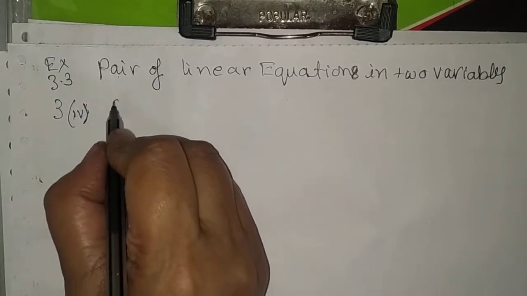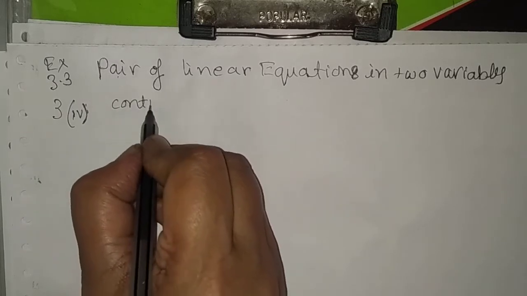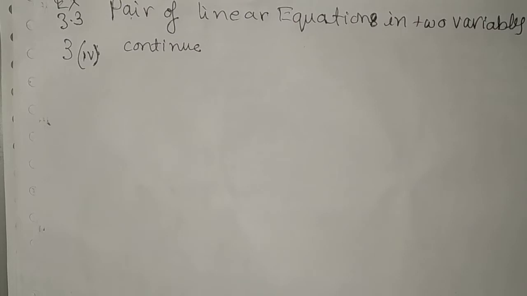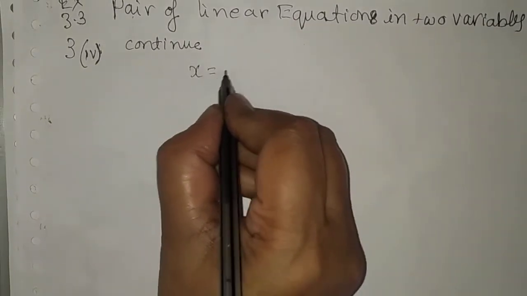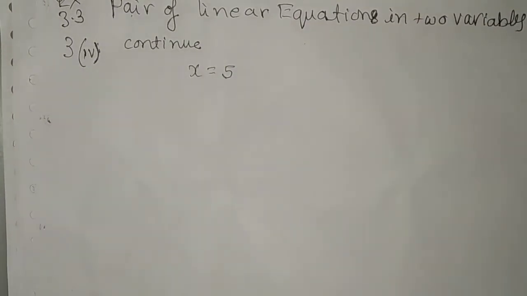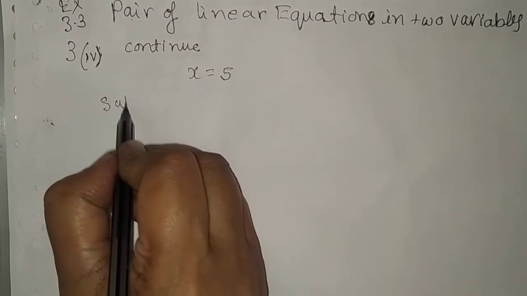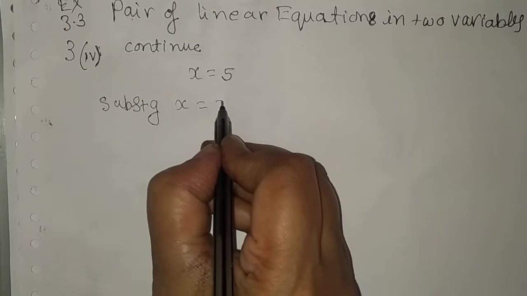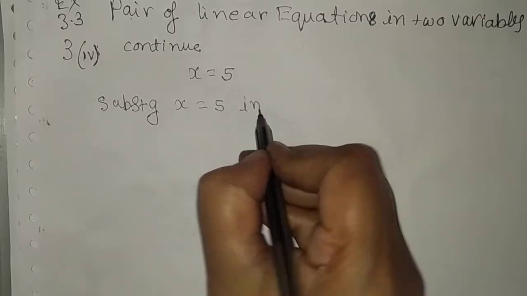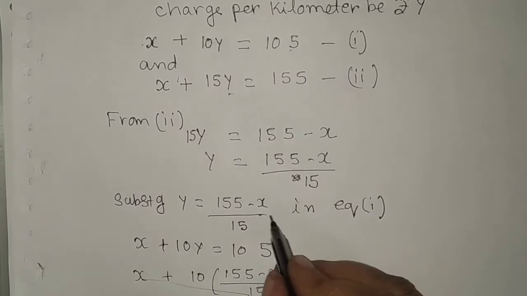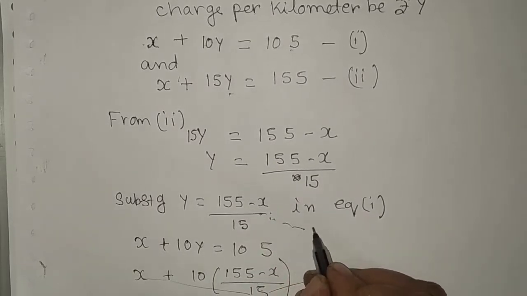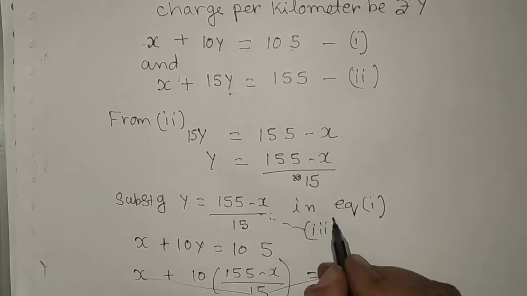So we'll continue this problem. So what happened? We got x is equal to 5. Now substituting x is equal to 5, one thing here we found out, y is equal to... name this equation as equation 3.